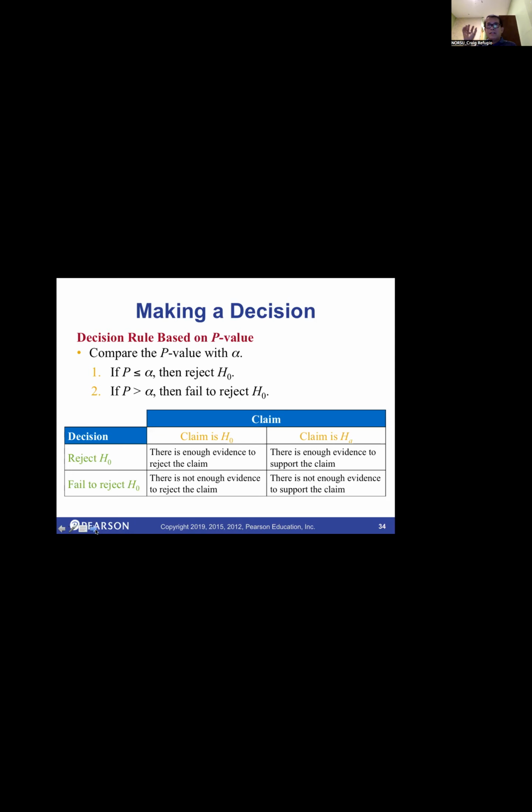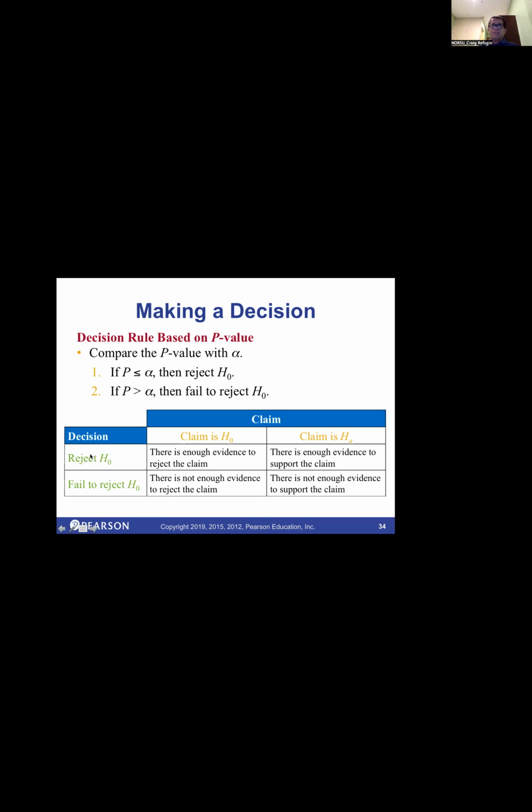When we say decision, that refers to whether you reject HO or fail to reject HO. The other variation of fail to reject HO is do not reject HO. The other one is reject HO. So this is the template, the decision.